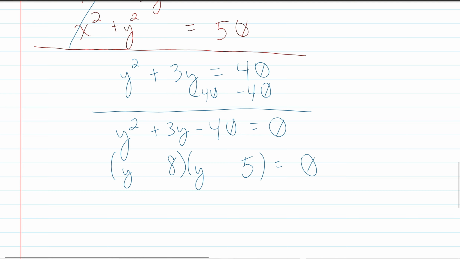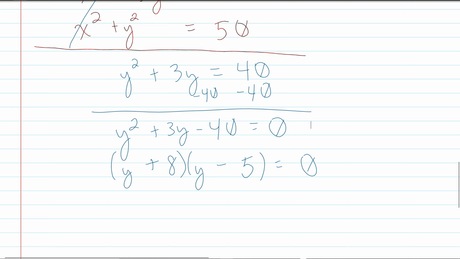We just have to get our signs right. So it should be a +8 and a -5, right? Because a +8 and a -5 will get us a +3. We have to make sure that those signs are right. If the signs were swapped, it would have given us a -3, but we want this +3. And then we check again. A positive times a negative does get us this negative in front of the 40.